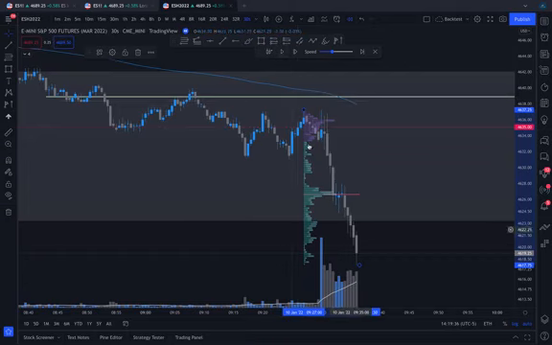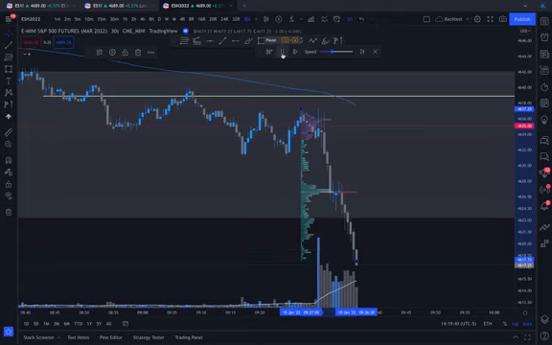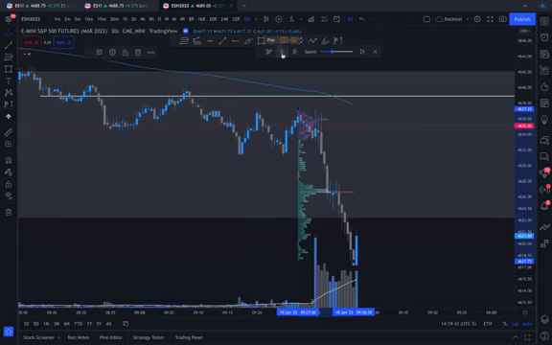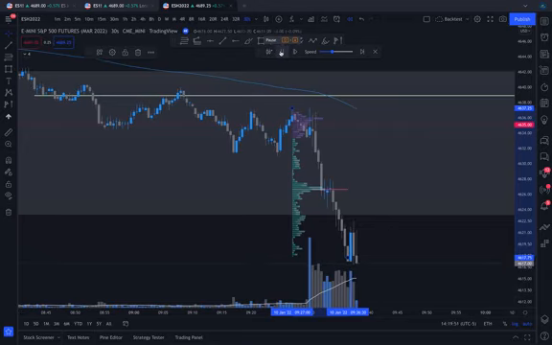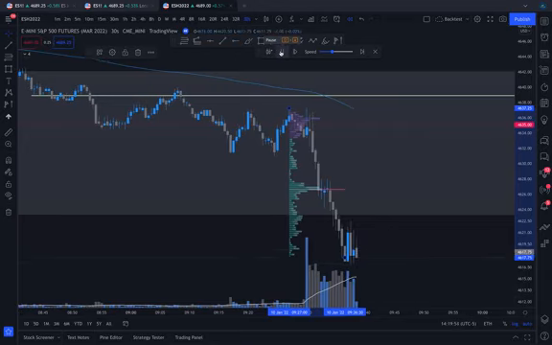And if we come up and test this, that could be a decent area for a short entry. Let's watch this again, a little more zoomed in. You can see how it came up and tested this little volume pocket here and then continued down. So that could be a quick scalp, leaning against that volume.